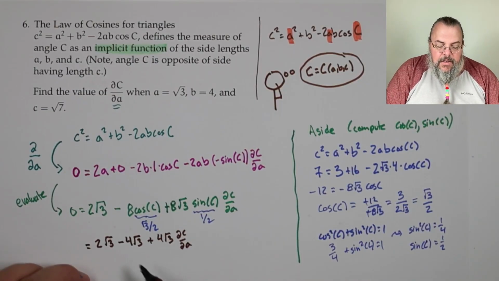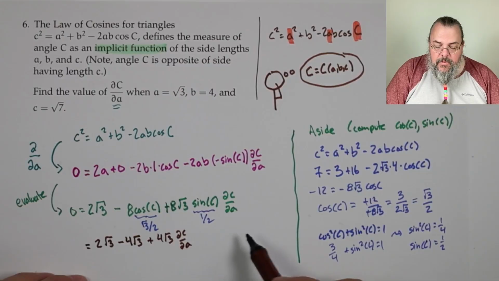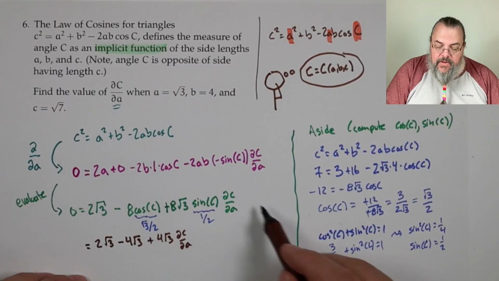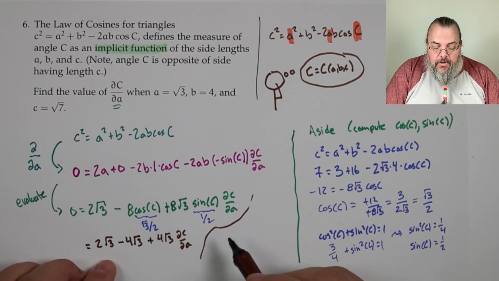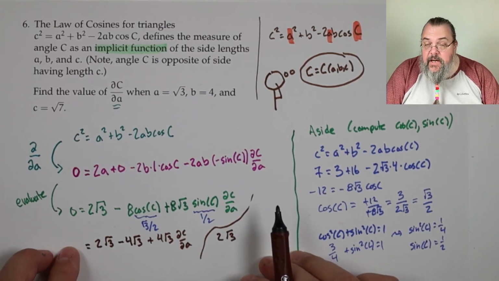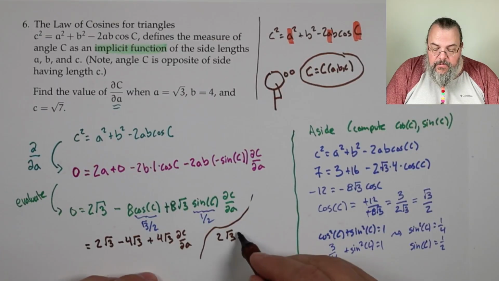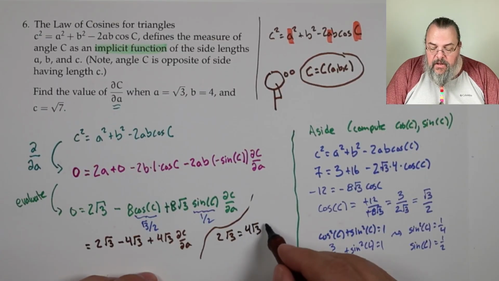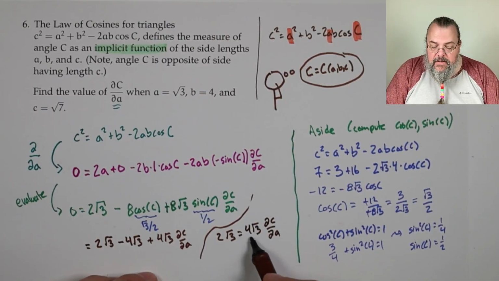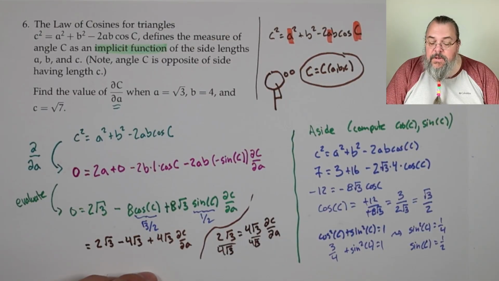Now, we can move the 2√3 minus 4√3 is a minus 2√3, move it across, and we end up with the following. 2√3, okay, so we move those to the other side, is equal to 4√3 times partial C, partial A. Now divide by 4√3, and what do we get?